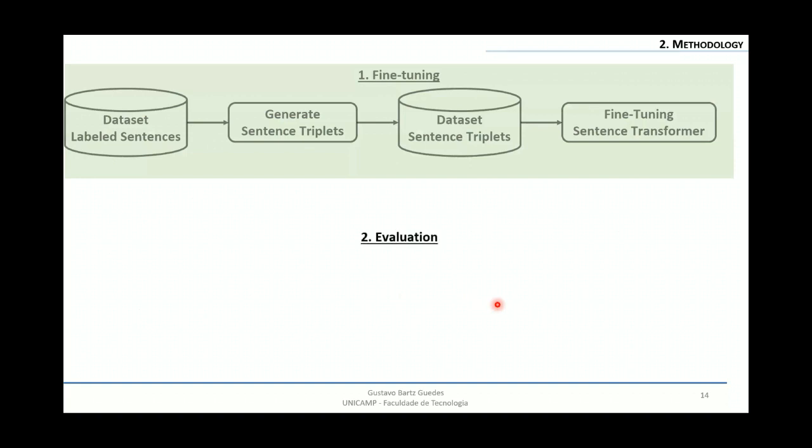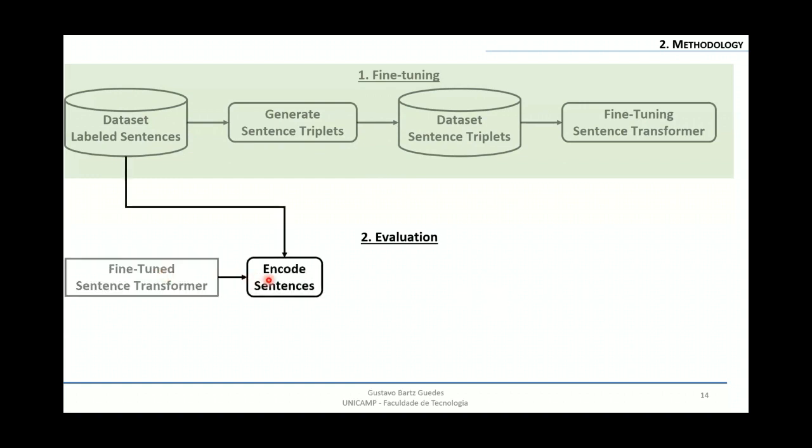The next, to evaluate our approach, we use the fine-tuned transformer. We encode the sentence. So we take the text of the sentence, the string of the sentence, and we encode it using the fine-tuned transformer. In this way, you generate the embedding, which is this vector representation.